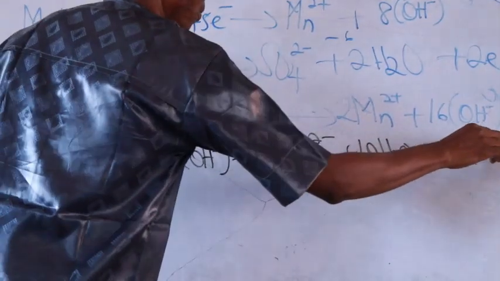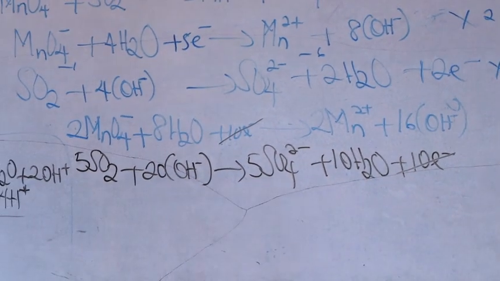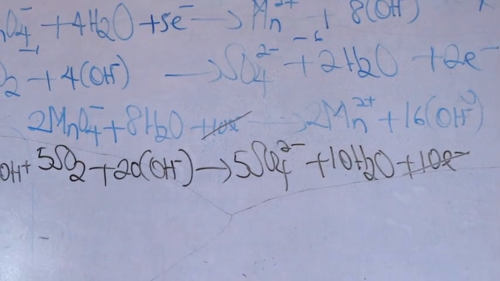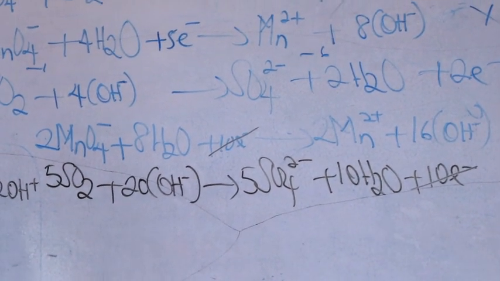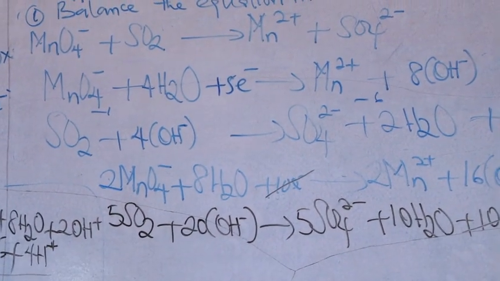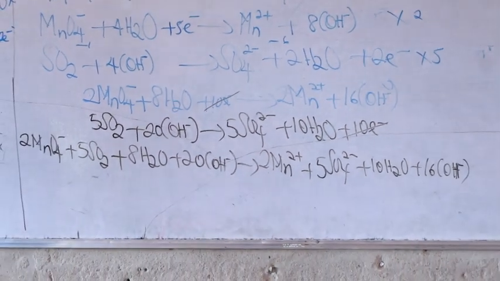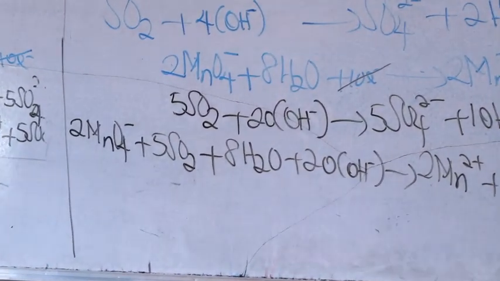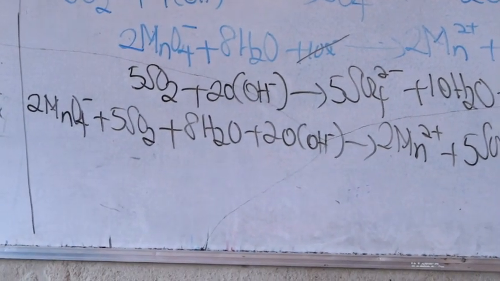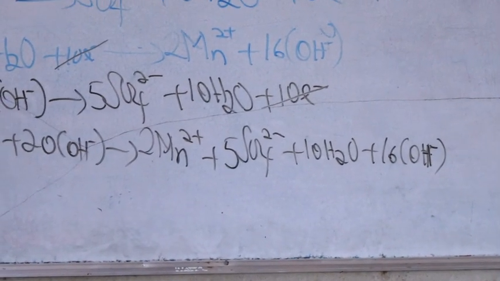Electron loss cancels electron gain. Now combine the two half equations. Let us combine the two half equations. Like this, we can as well allow the hydroxide ion to be at one side and also the water molecule at another side, just like we did when we balanced in acidic medium.